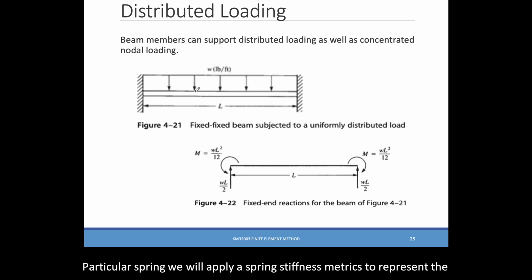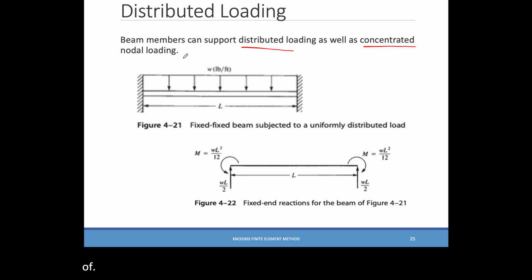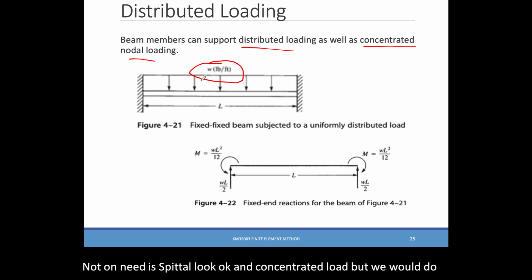In many cases there will be a distributed load acting. So what we would do, not only for a distributed load but also a concentrated load, is resolve these forces to the nearest node itself.